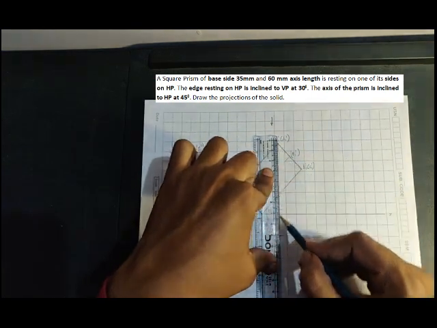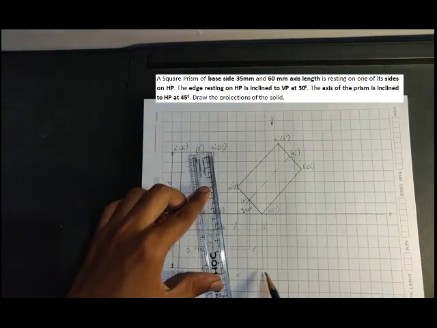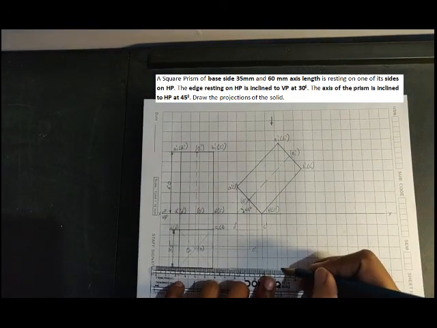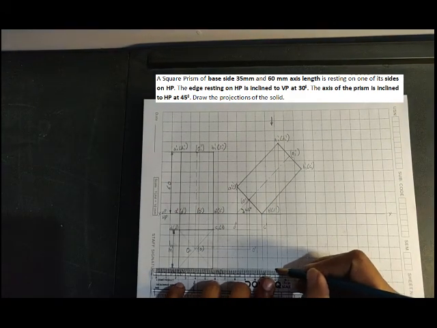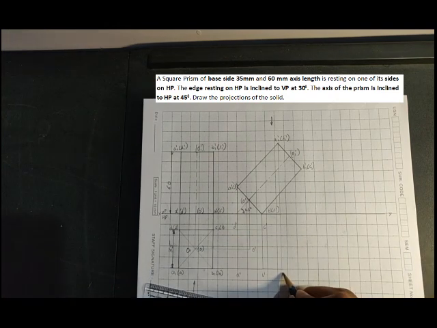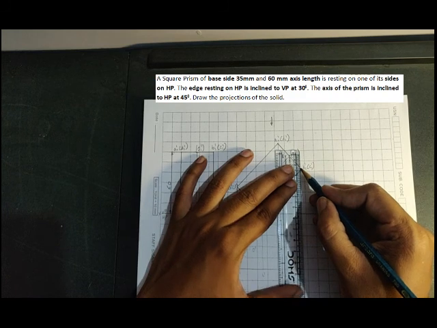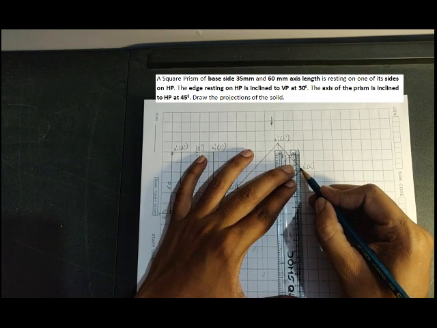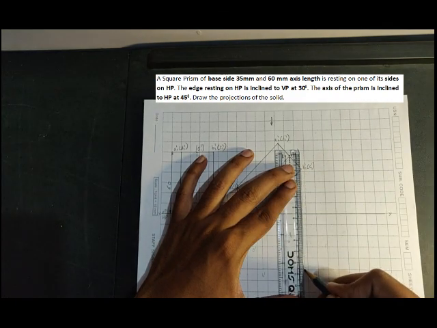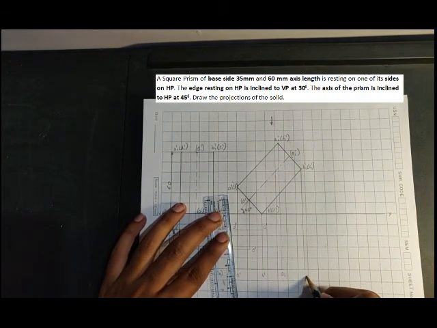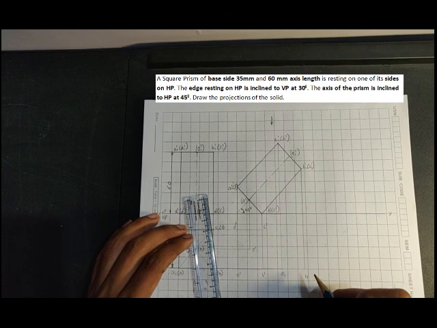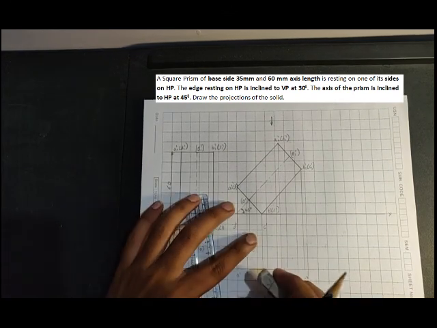So again it is A to A1. So this becomes A1. Next B1. I hope you're understanding. I'll just finish off this B1. Oh, I'm sorry. What I've done was I have done a mistake.